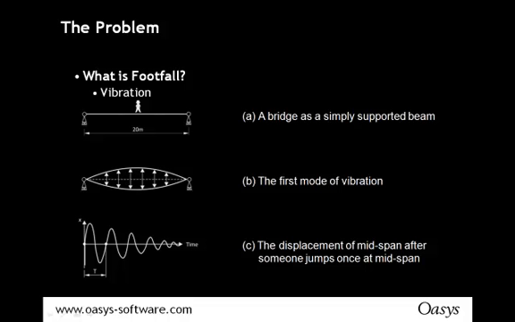And whilst it's quite simple to find the first mode for a single beam, for a whole floor it's quite difficult to do this by hand calculation methods, and FE is really the way forward.